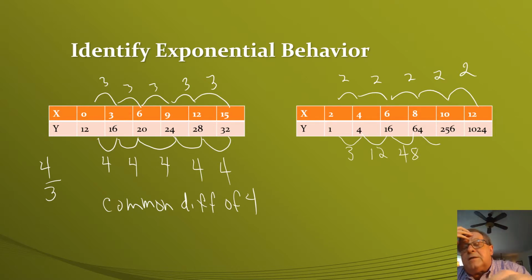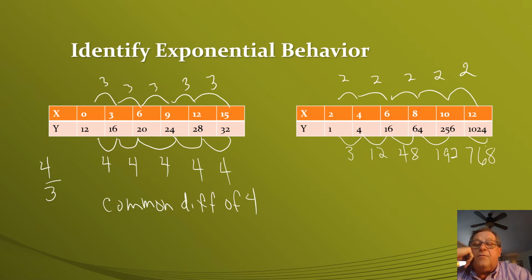And the difference between 64 and 256 is 192. And the difference between 256 and 1024 is 768. Well, obviously we don't have a common difference.